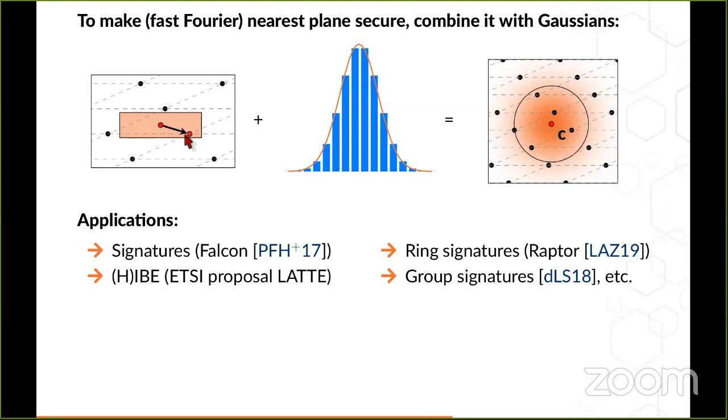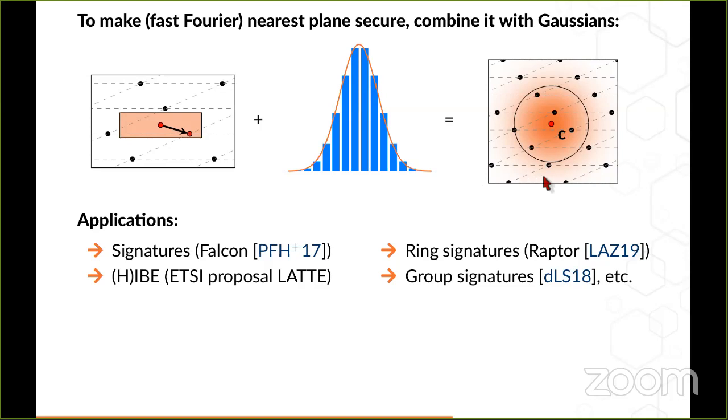We take the fast Fourier nearest plane, and for each rounding step, remember that at the bottom recursion level of the algorithm we do deterministic rounding, we replace that with Gaussian randomized rounding.